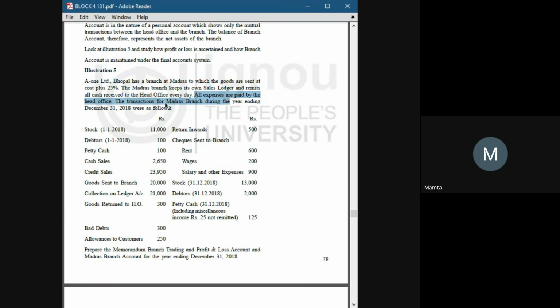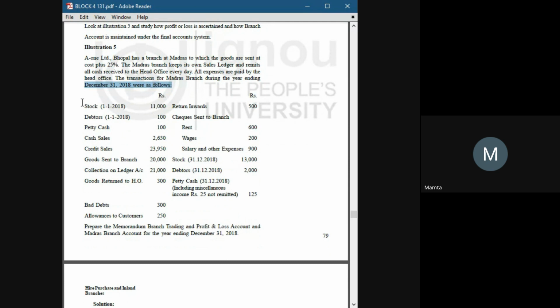The transactions for the Madras branch during the year ending December 31st, 2018 were as follows. Opening stock for the year 2018 is 11,000. The opening debtors is 100. Petty cash 100 rupees. Cash sales of 2,650. Credit sales 23,950. Goods sent to branch 20,000.